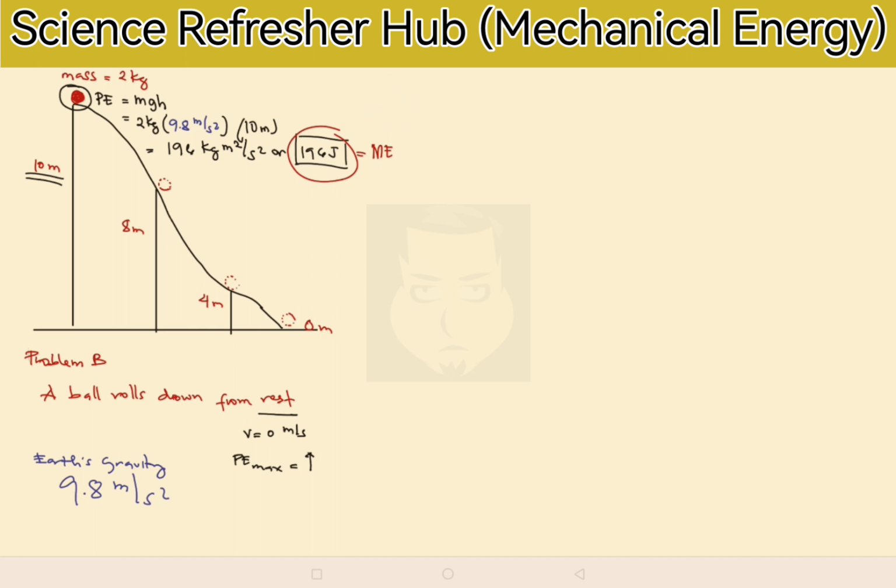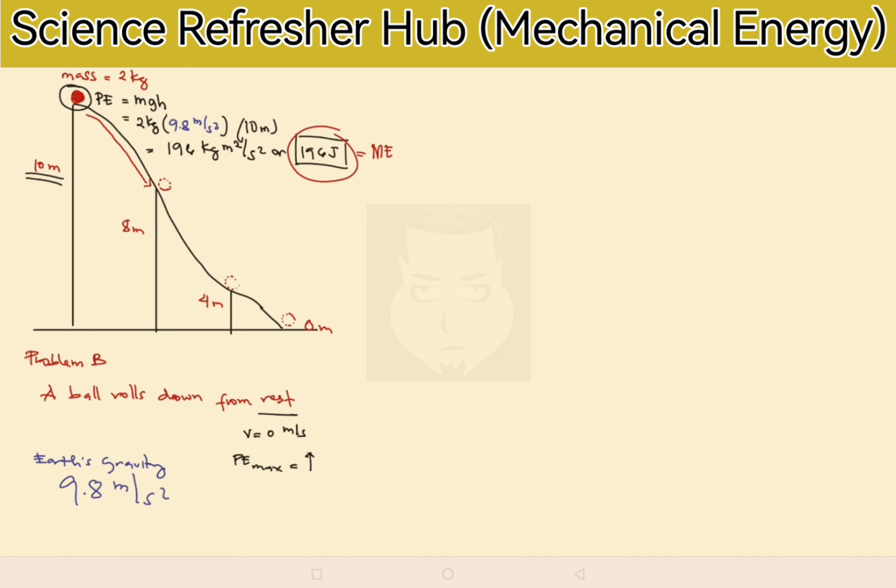As the object rolls down, it speeds up. Always remember, it speeds up when the object is falling down. It's gonna be speeding up, okay, with uniform acceleration due to gravity. It's always 9.8 meter per second squared.